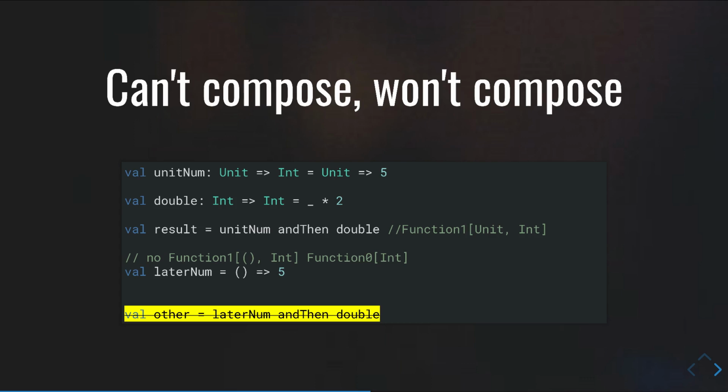This is because empty brackets are treated as no arguments, which means that later num is not a function 1 of unit int, but a function 0 of int. And of all 23 functions, only function 1 has the methods compose and then defined on it.